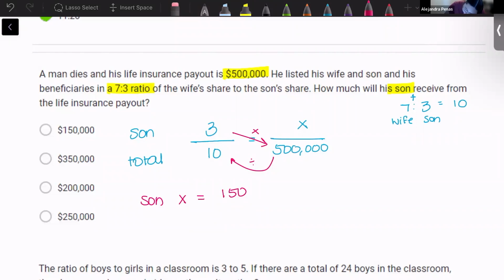Wait, no, it's going to be 1,500,000 divided by 10. 0 goes away with 0, so you're left with the son is going to get $150,000.